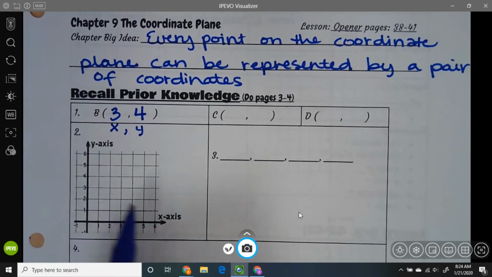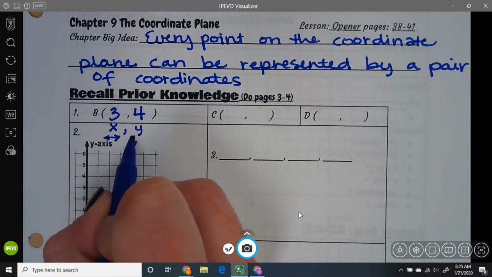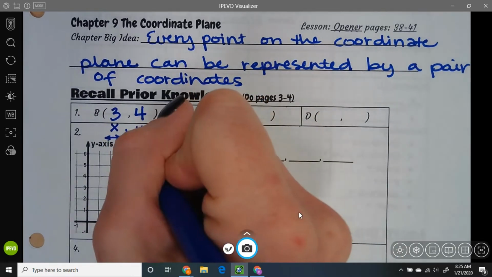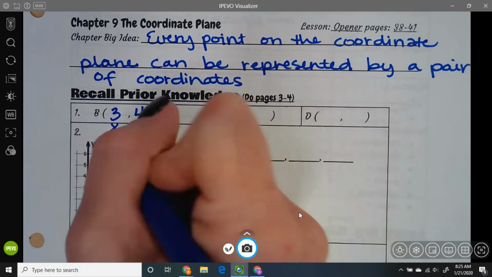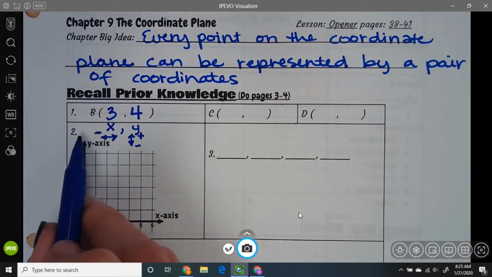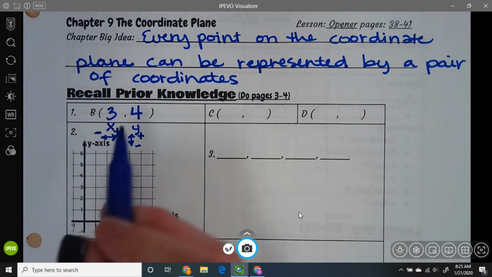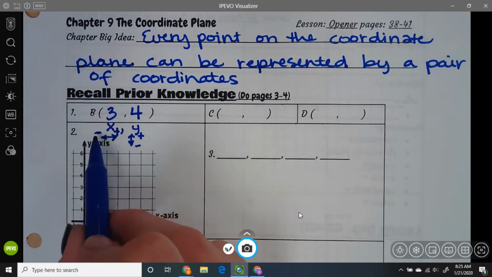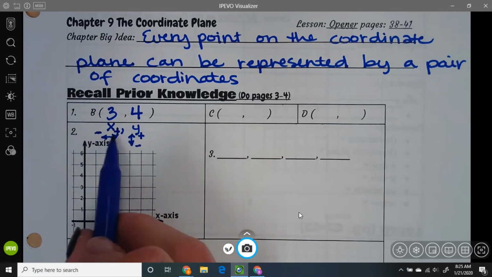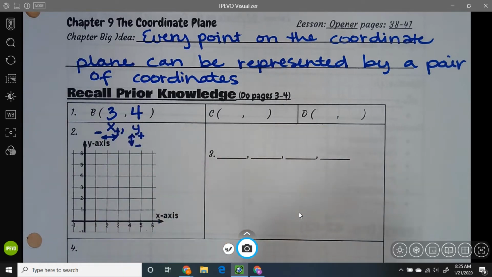I always go across, and then I go up and down. Down would be negative, up is positive, just like on my x-axis. To the left is negative, and to the right is positive, so it's like a number line. The horizontal number line to the left is less, to the right is positive. If I have a vertical number line, down is negative and up is positive.